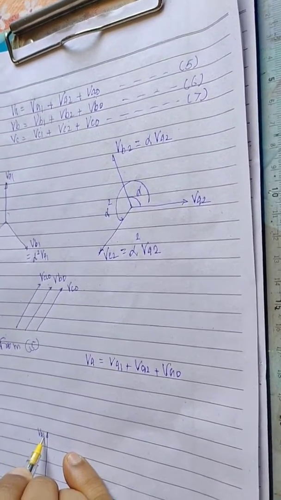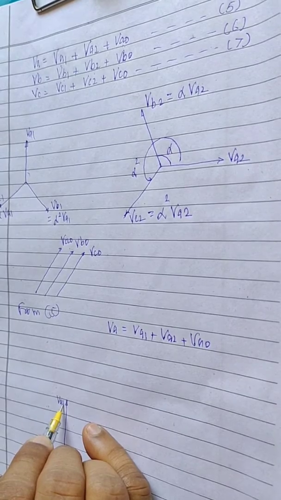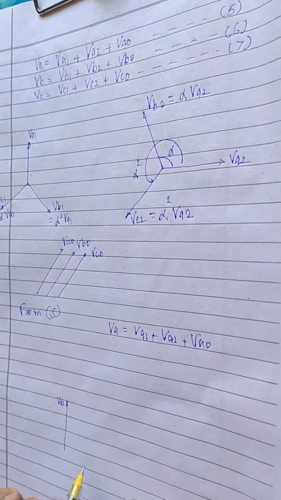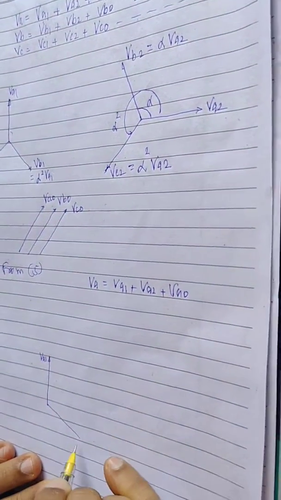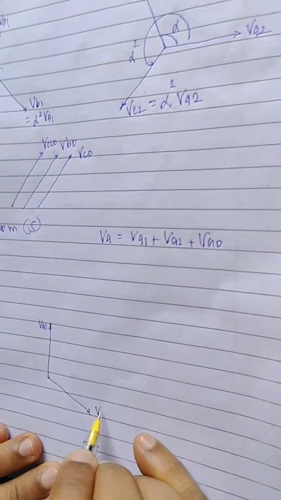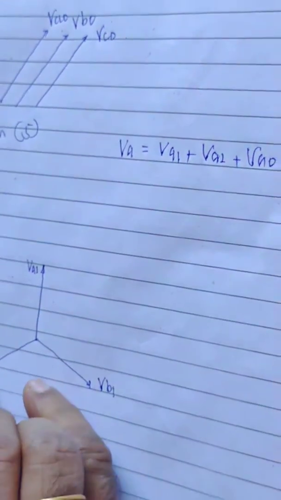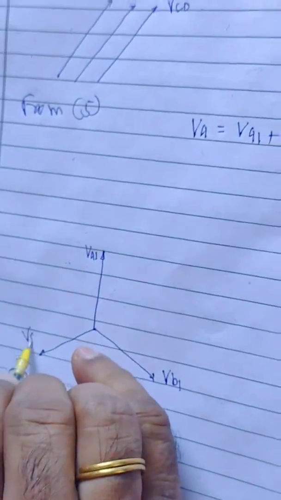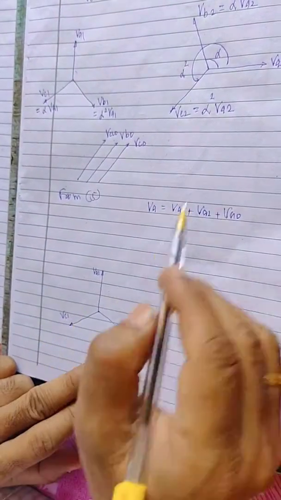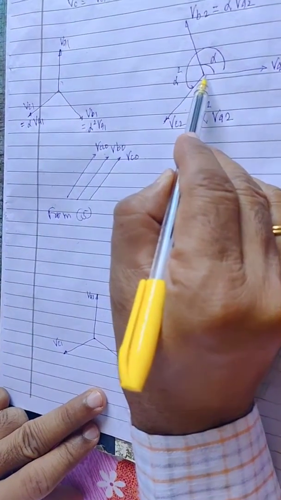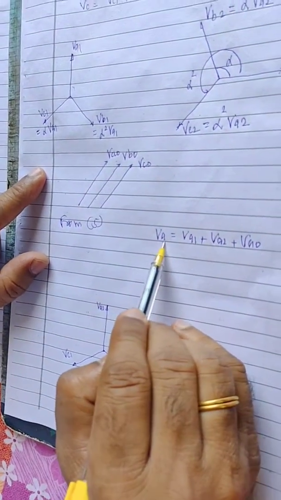Then vector VB1 is plotted at 120 degrees, and then VC1 is plotted. Now from this, VA1 plus VA2, we have to determine VA.